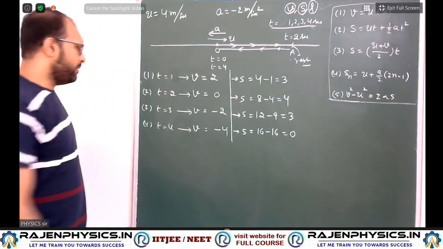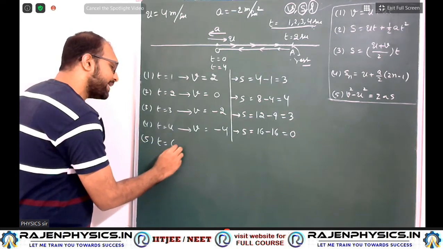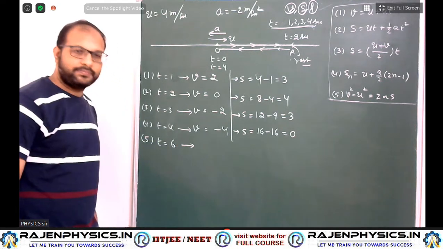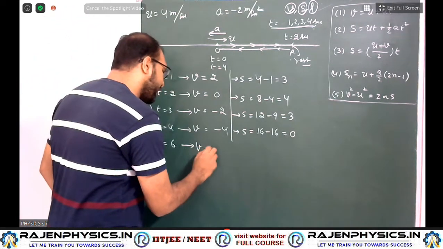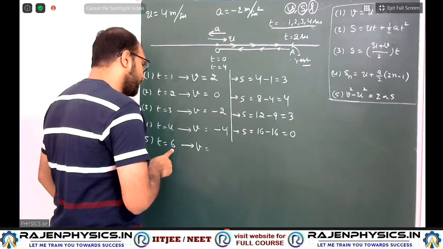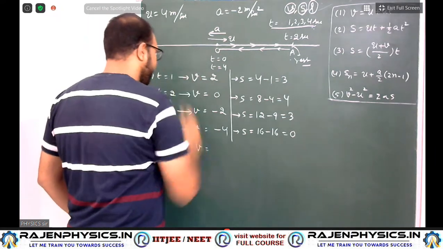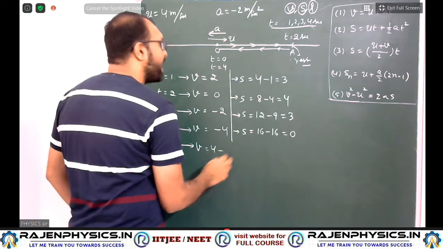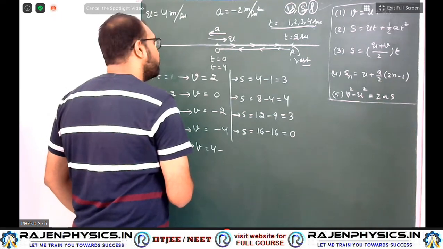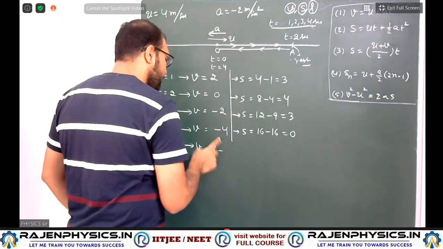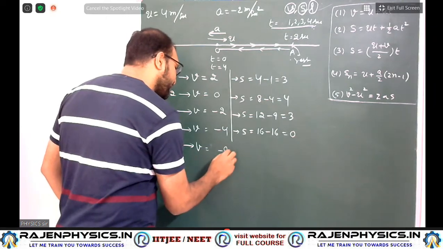Suppose, students, I am taking next t equal to 6 seconds. Then velocity v at t equal to 6, substitute u plus at, u is already 4, minus a 2, 6 into 2, that is 12, minus 12 plus 4, minus 8.